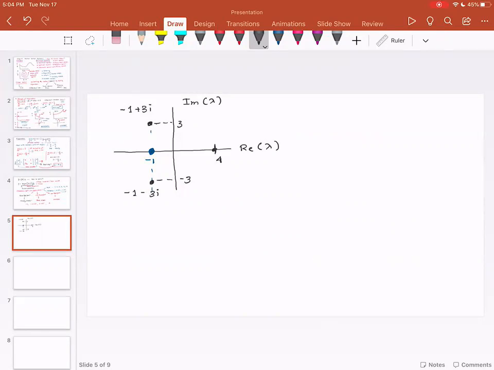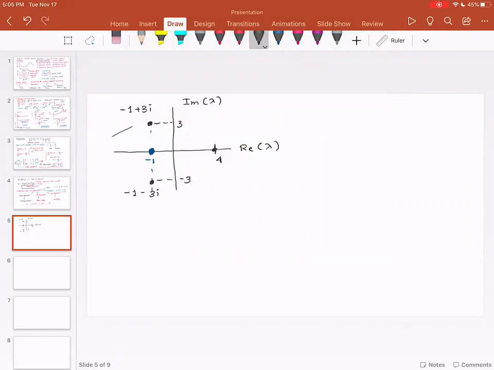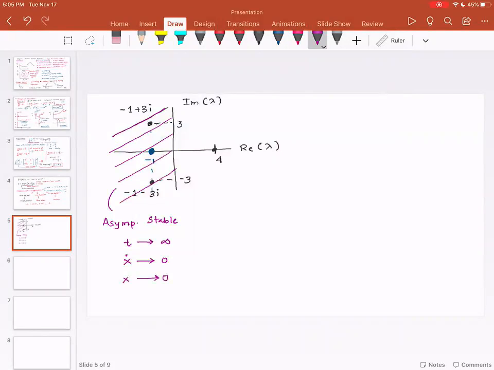Now, please notice, if your eigenvalues are on the left half plane, the system is asymptotically stable, which means as time goes to infinity, x dot goes to 0, x goes to 0. That's what I mean by asymptotic stability.